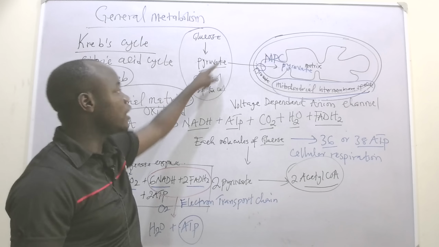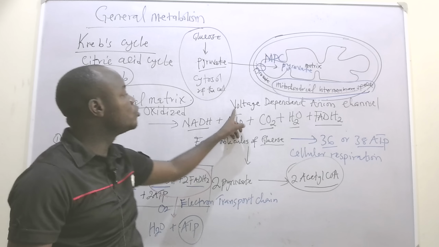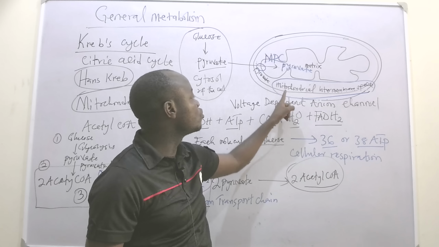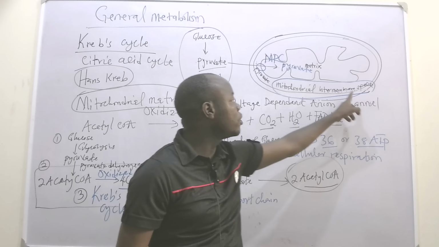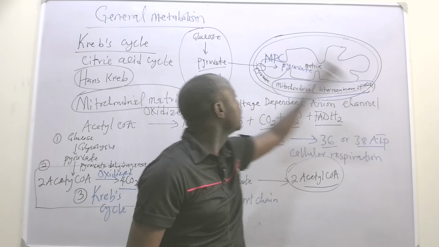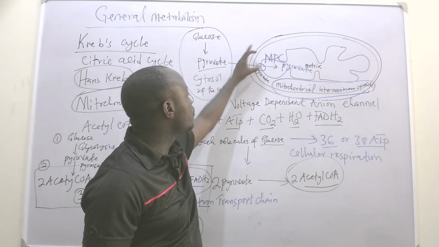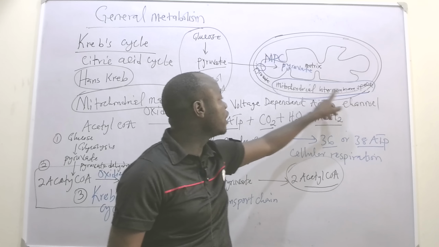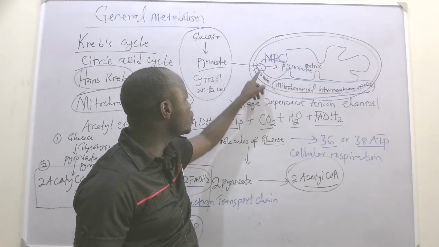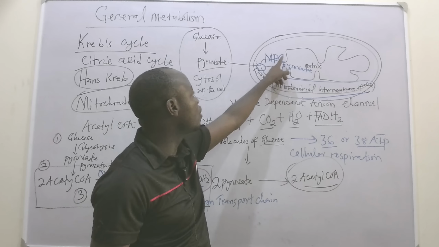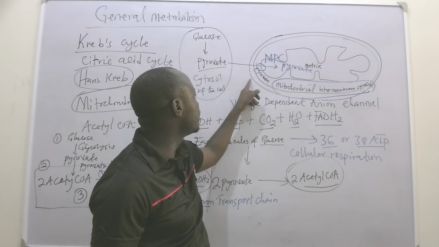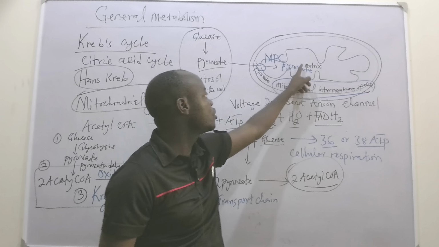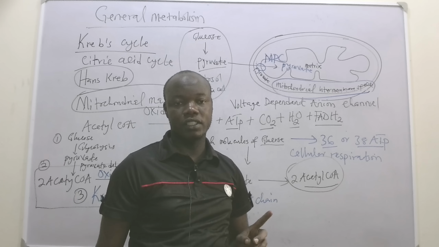Pyruvate is a large molecule. Then, to translocate from the intermembrane space, it uses the mitochondrial protein complex to move to the mitochondrial matrix.